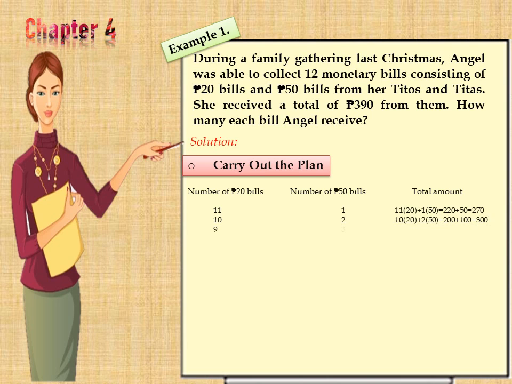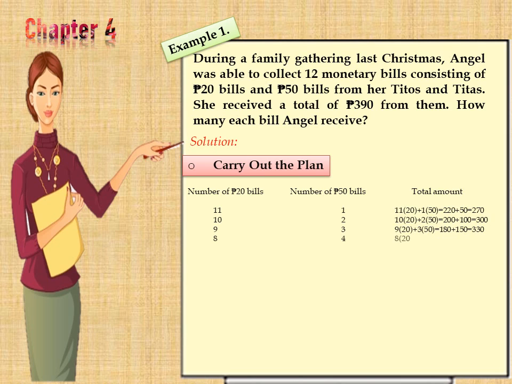Okay? Next, we'll have 9 20 peso bills and 3 50 peso bills. The total amount would be 9 times 20 plus 3 times 50, and this will give us 330. So take note, we have not yet gotten a total amount of 390. So let's get other distributions until we get 390 pesos.